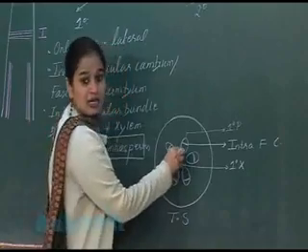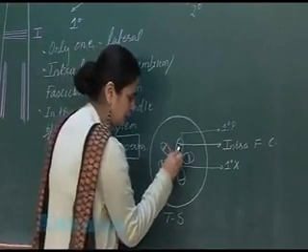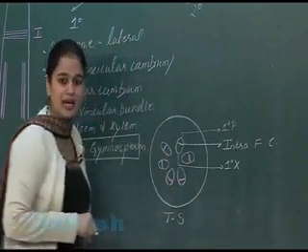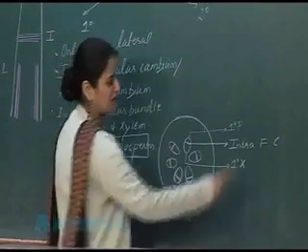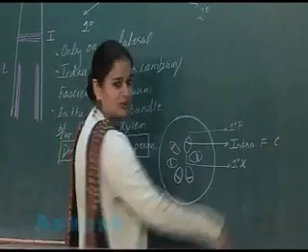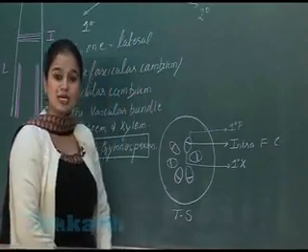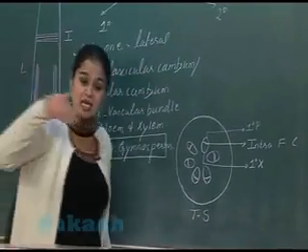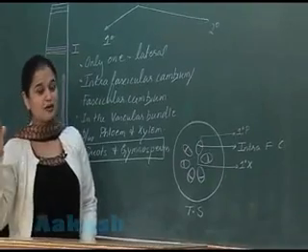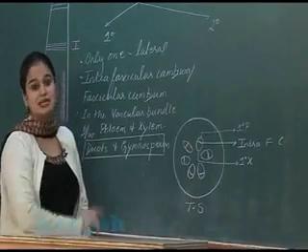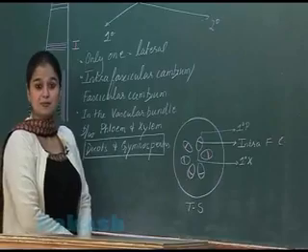This is primary xylem. Between xylem and phloem there is the presence of intrafascicular cambium. So what is the intrafascicular cambium? It is present in the vascular bundle, going to be seen in the dicots and gymnosperms, and in the case of the monocot it is absent.